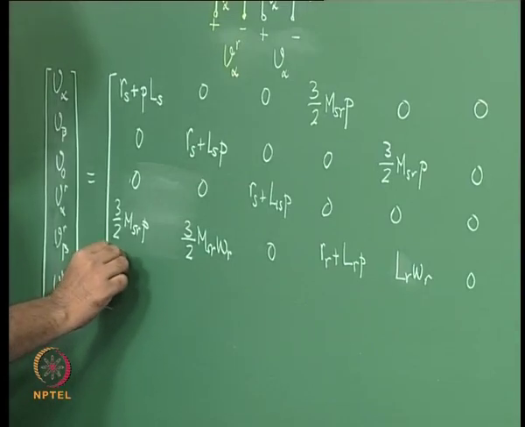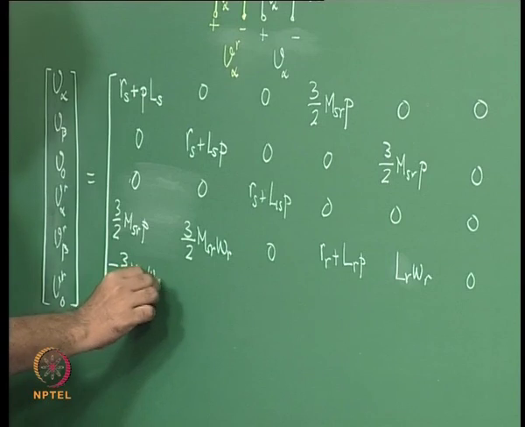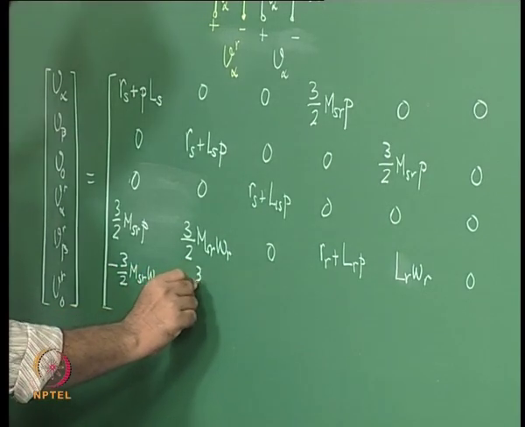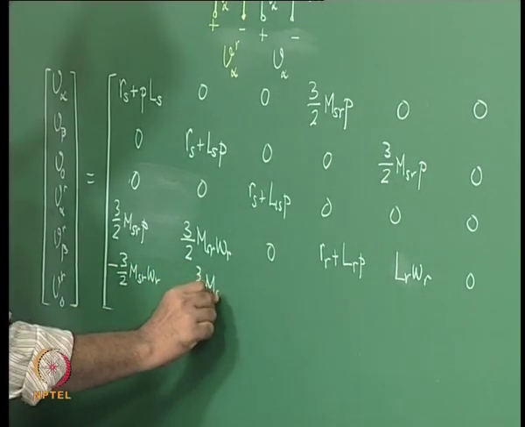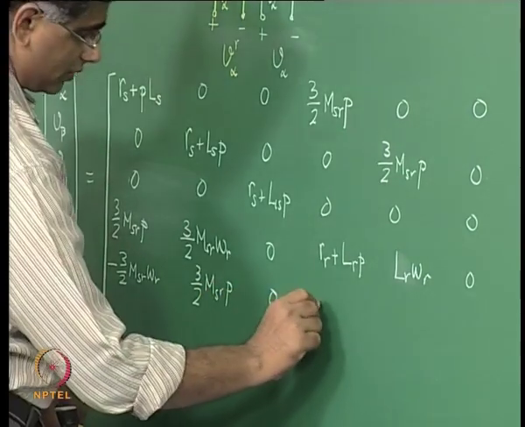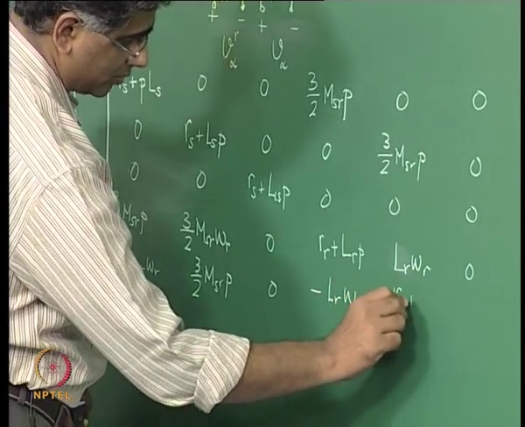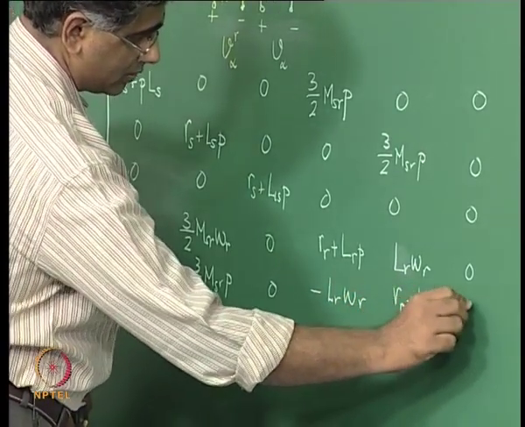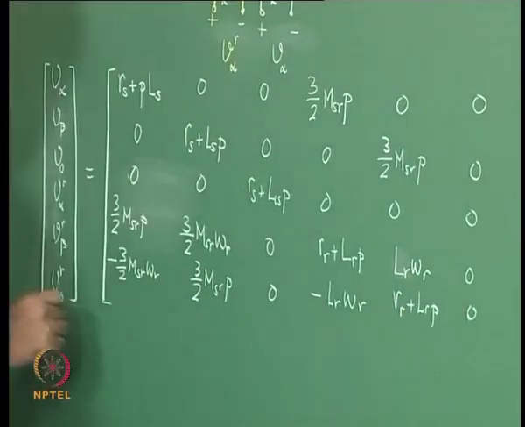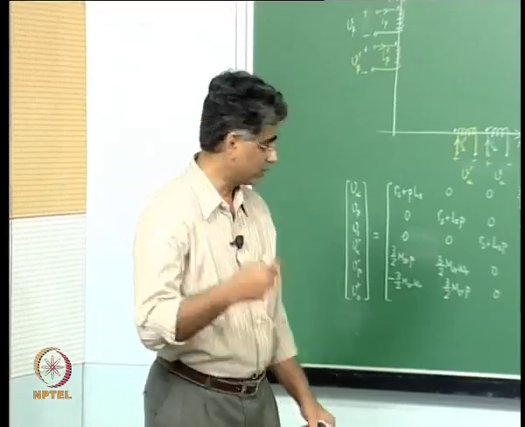So, this is minus 3 by 2 times MSR into omega r, and then this is 3 by 2 times MSR into P, and this is 0, and then minus Lr into omega r, Rr plus Lr into P, and 0. And then the last row, which corresponds to the 0 sequence of the rotor winding.